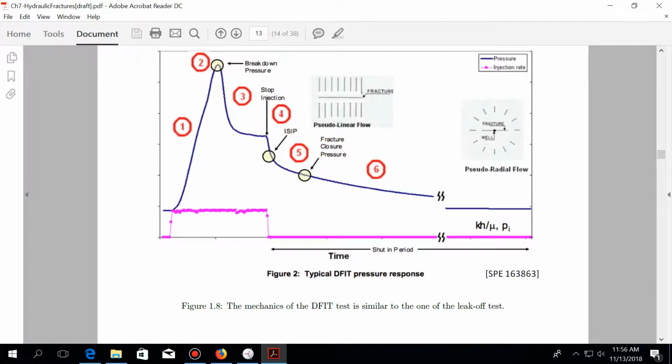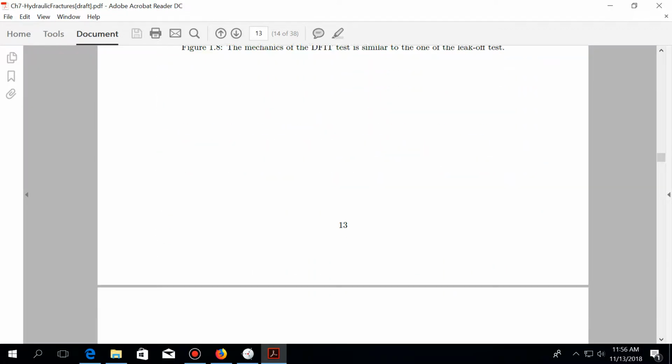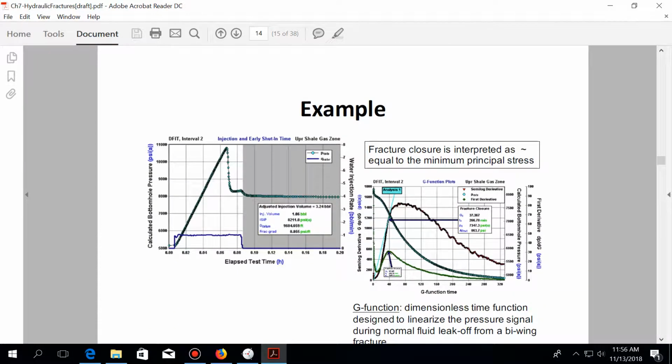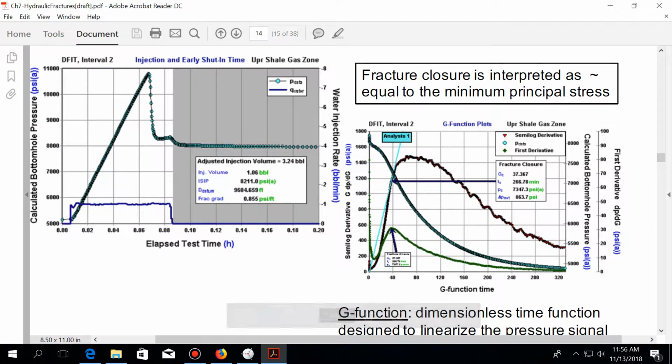So this is what we were discussing before, but this is the G function time. You see, you inject at a constant rate. This is real data. Inject at a constant rate, pressure goes up. At some point, the rock breaks, pressure goes down very quickly, and you reach a fracture propagation pressure, which is more or less constant.